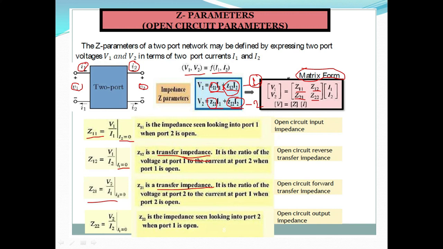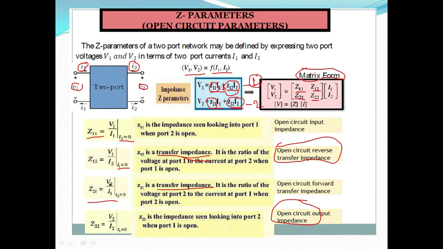It is the ratio of the input voltage to the output current, which is called the open circuit reverse transfer impedance. And Z22 is equal to V2 upon I2, which is called the open circuit output impedance.